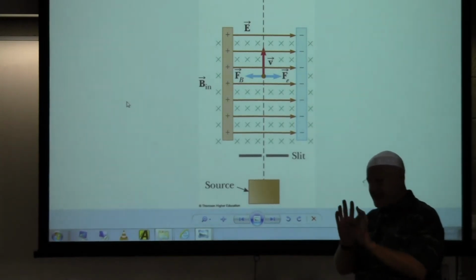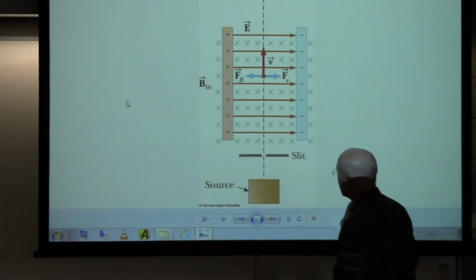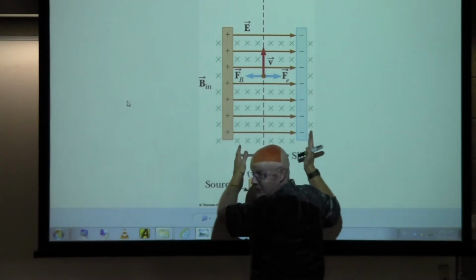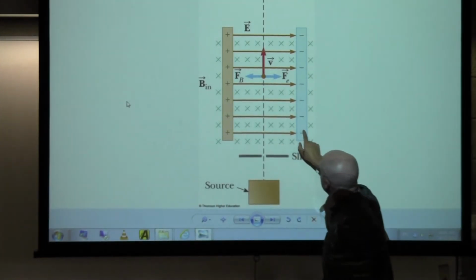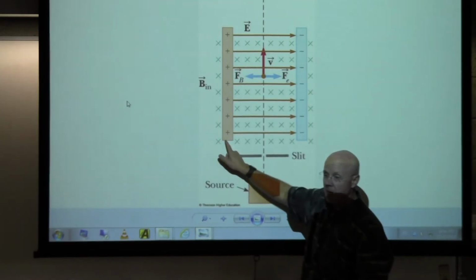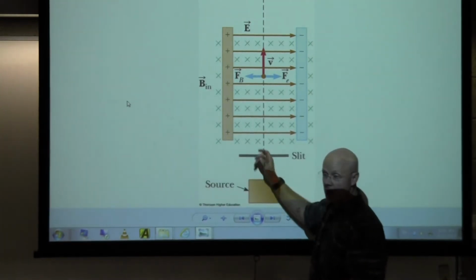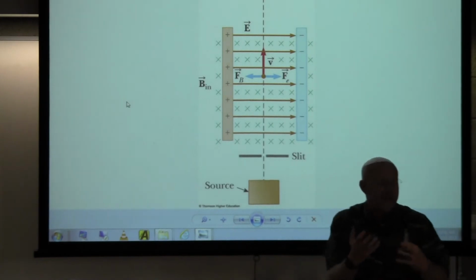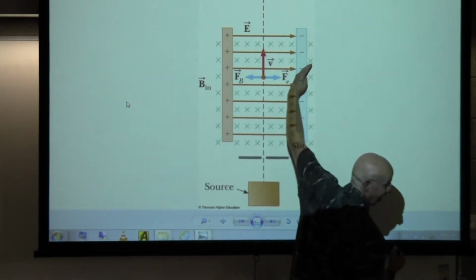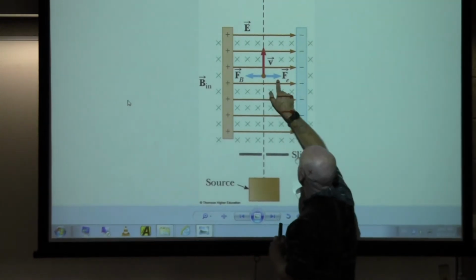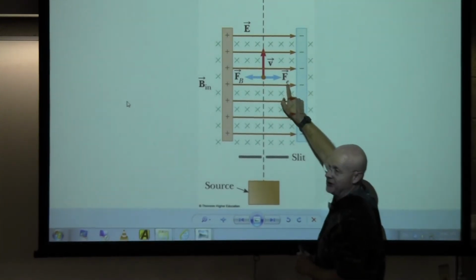But what if at the same time you put a capacitor between them, a parallel plate, and you charge this plate negative and that plate positive? What would happen to this proton if there was just an electric field? Wouldn't it be pulled that way? And that's what your author is trying to say here, electrical force.